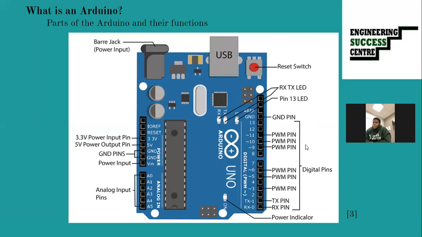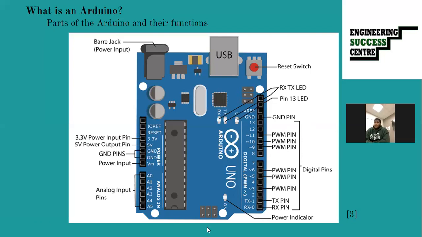Those are digital pins, and you can use them as digital pins, so basically on or off. But with the pulse width modulation pins, it's not just on or off. You can set it to go in between, using the duty cycle between 0 and 100.